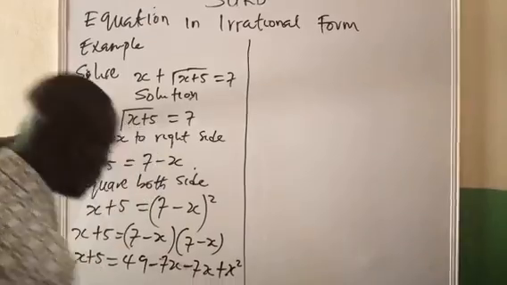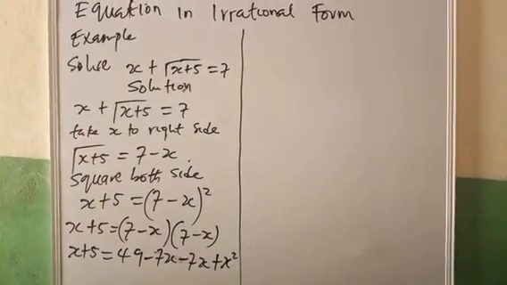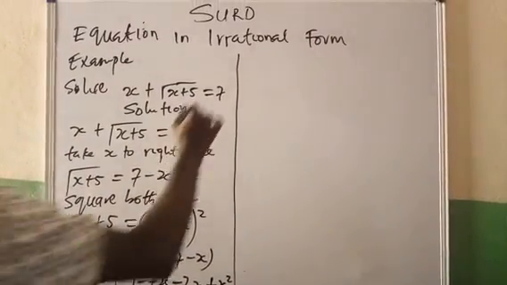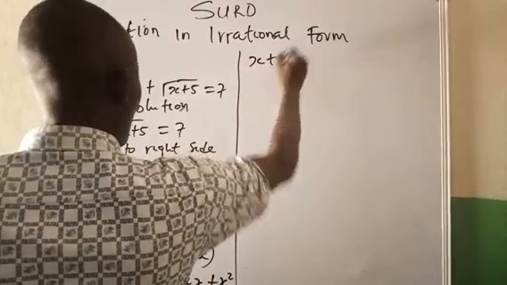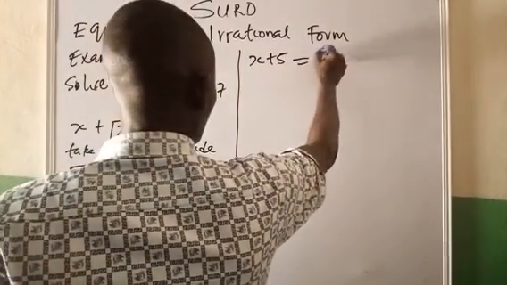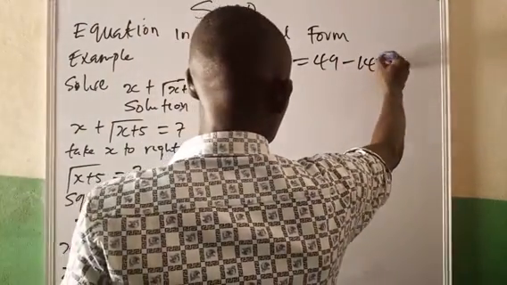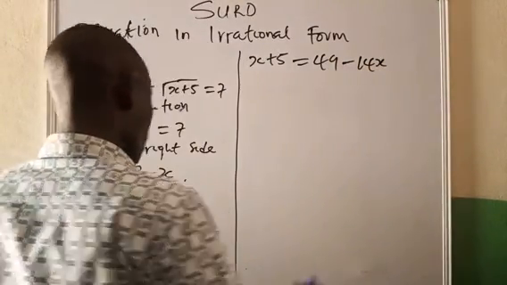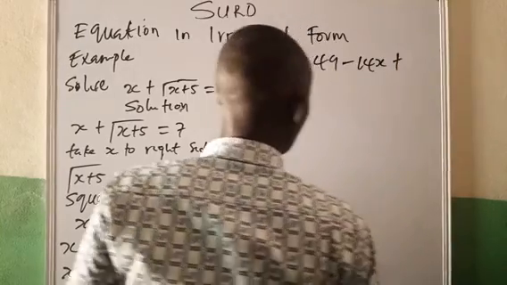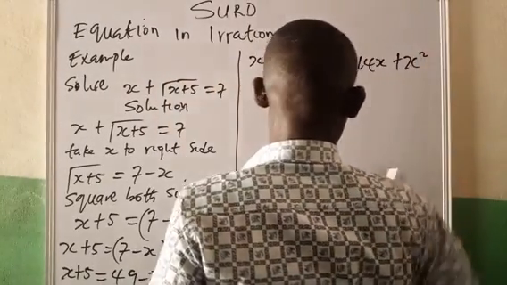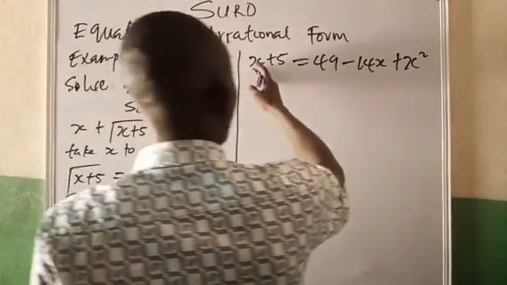Plus s squared. So we have s plus 5 is equal to 49 minus 14s plus s squared.